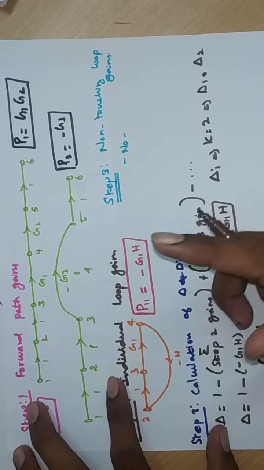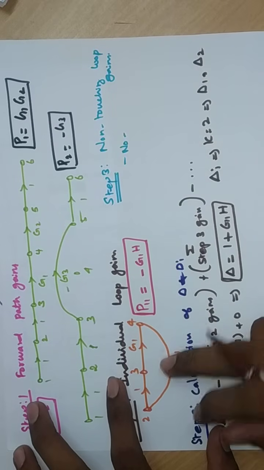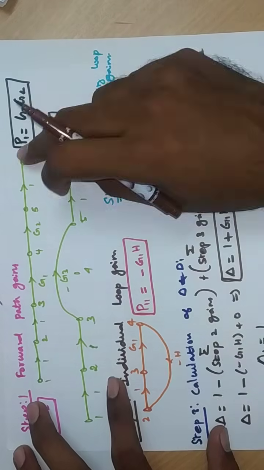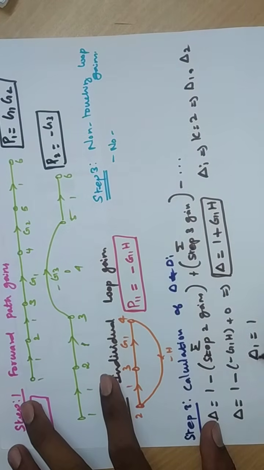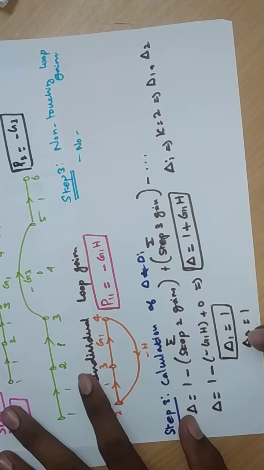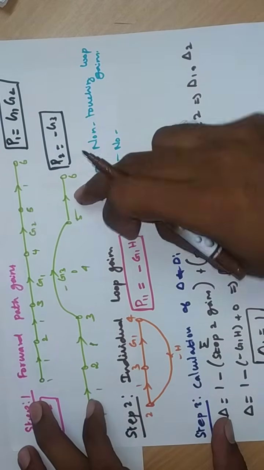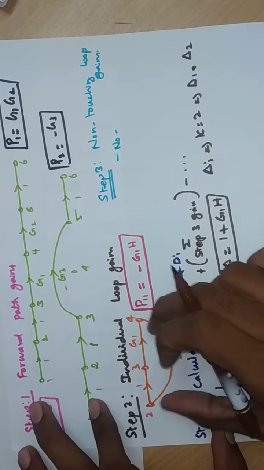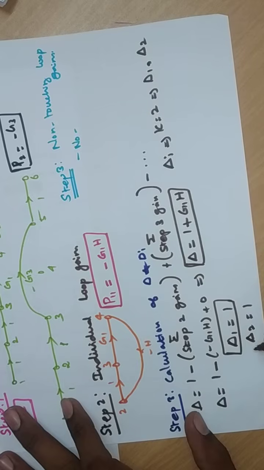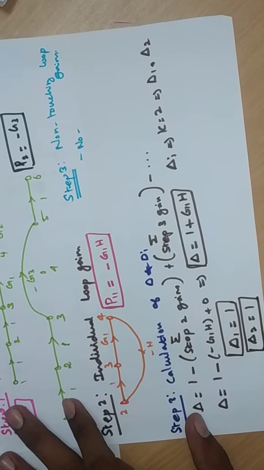There is only an individual loop available, so place this loop on that forward path. All elements are touching, so delta 1 is 1. For delta 2, take the second forward path and place this individual loop on that. Nodes 2 and 3 are touching, so delta 2 is also 1.